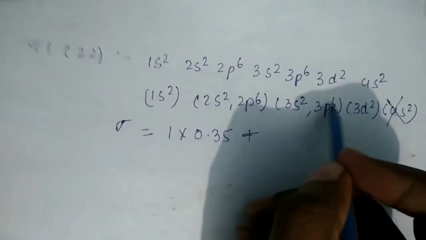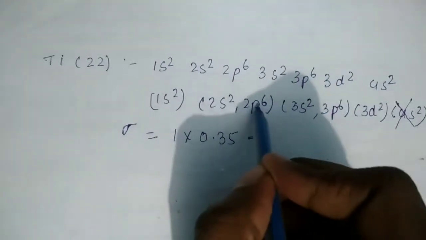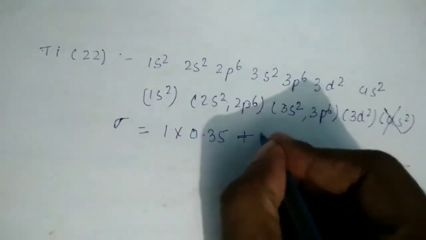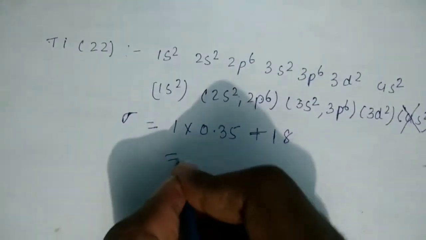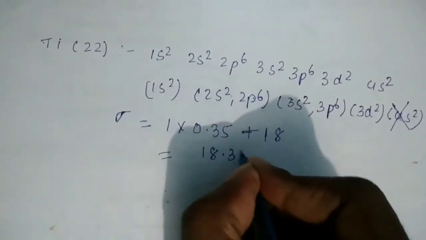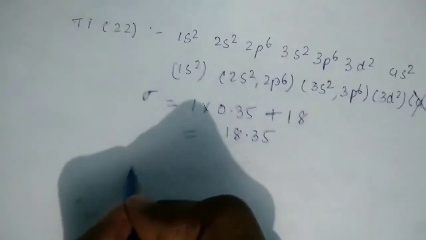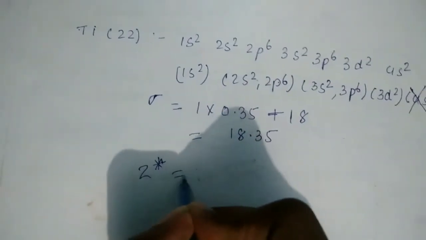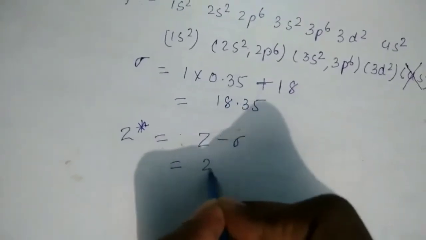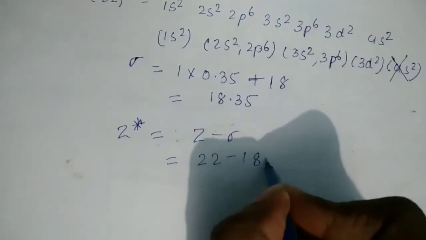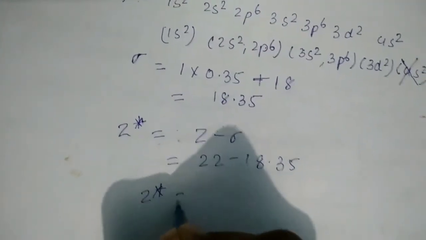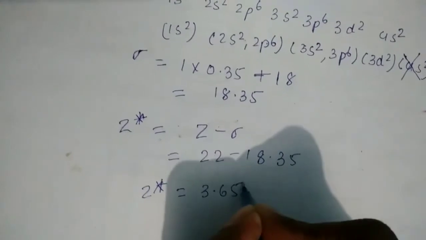So we will calculate the rest of it: 6 plus 2 is 8, 8 plus 6 is 14, 14 plus 2 is 16, 16 plus 2 is 18. It becomes 18.35, and the effective nuclear charge will be Z minus sigma. It becomes 22 minus 18.35. The effective nuclear charge will be 3.65.